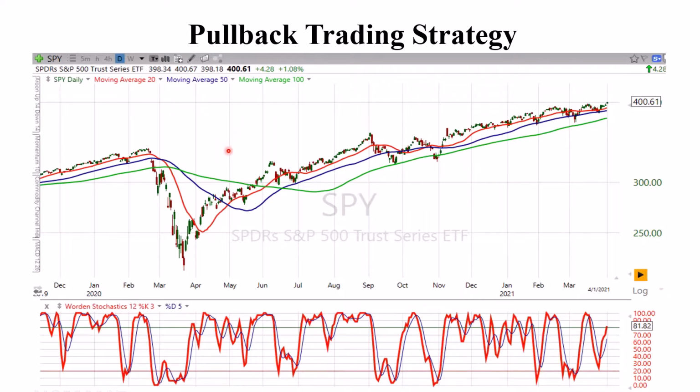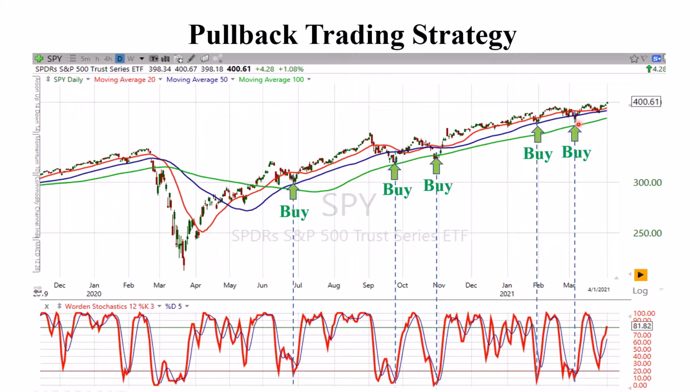Pullback trading strategy is the other popular strategy. This strategy has high probability of success if the stock is in the strong uptrend, that is, SMA 20 is above SMA 50, and SMA 50 is above SMA 100. These are great buy locations when the price pulls back to SMA 50 and SMA 100.